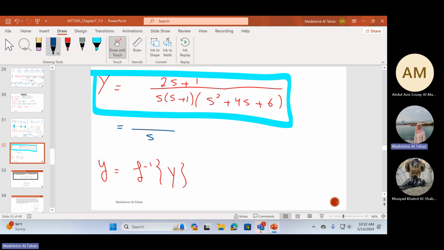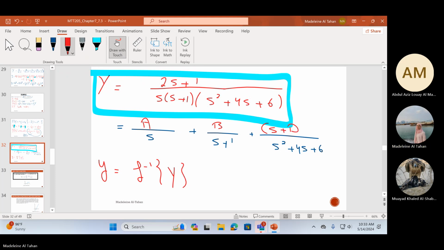So I have s, we don't have problems in the s. I have s plus 1, we have problems in the s plus 1. And this one is irreducible. It's the same, but this one, we do have problems in it, we will try to solve. This one, what do we put? Linear factor A, linear factor B. Factor according to the s plus. Okay, miss?